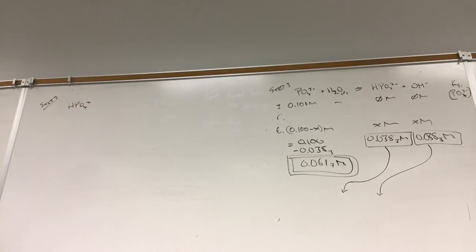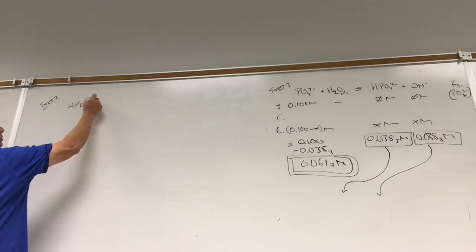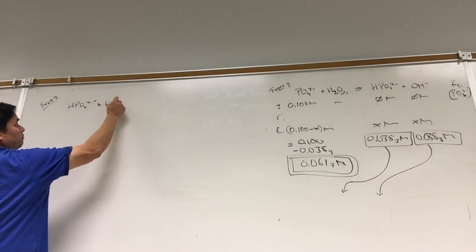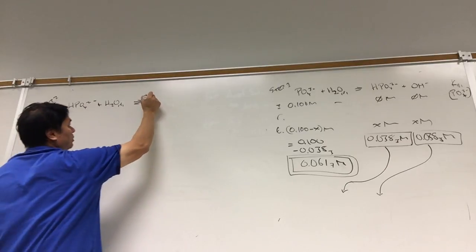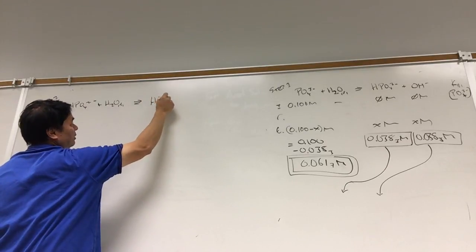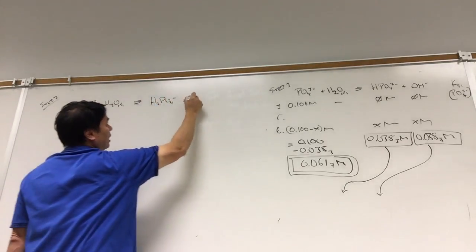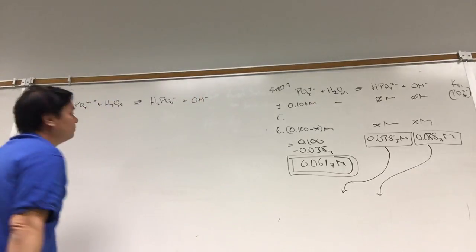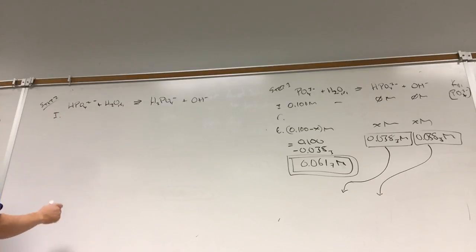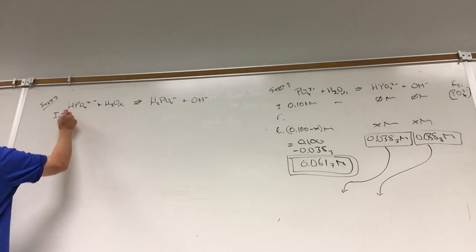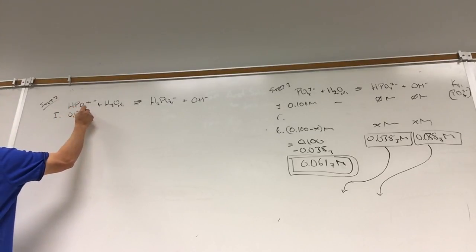HPO4 2 minus. And HPO4 2 minus can act as a base by hydrolyzing water to form dihydrogen phosphate and hydroxide. And so we carry down the monohydrogen phosphate. The initial monohydrogen phosphate is 0.0383 molar.